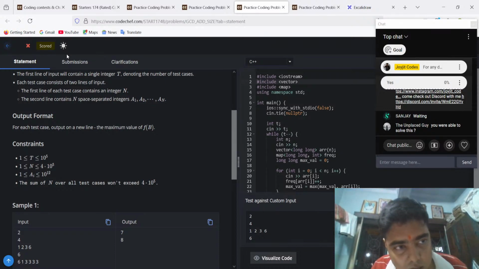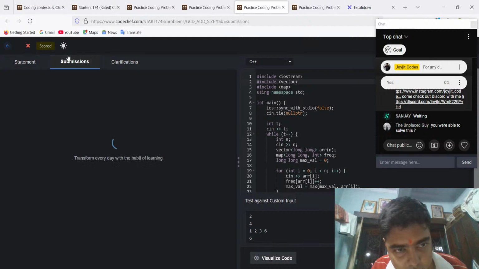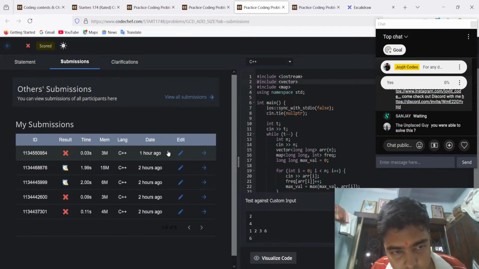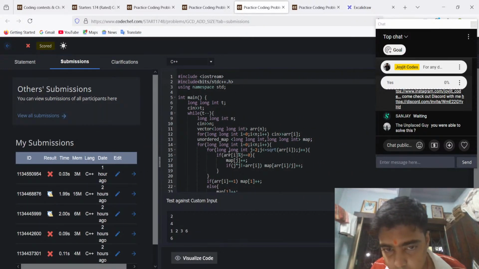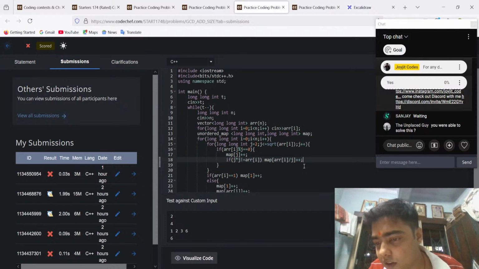Now, if you want the solution, what I have done for that TLE, I can show you so that you understand what I'm talking about. Okay, I'm traversing through all the elements and I am checking all its factors, and I'm doing map[factor]++ for all the factors in the frequency map.